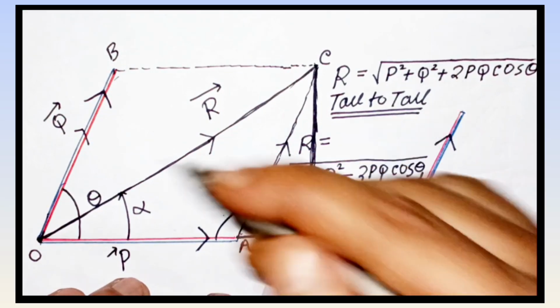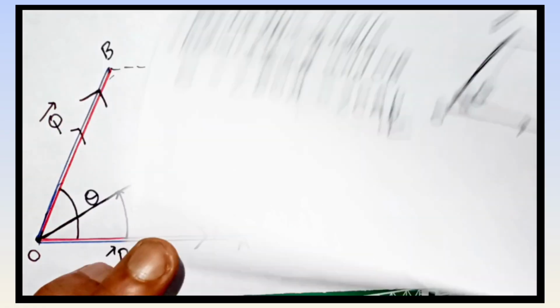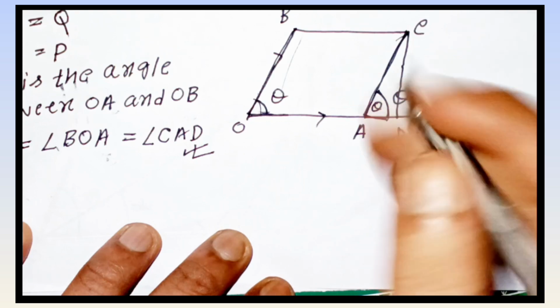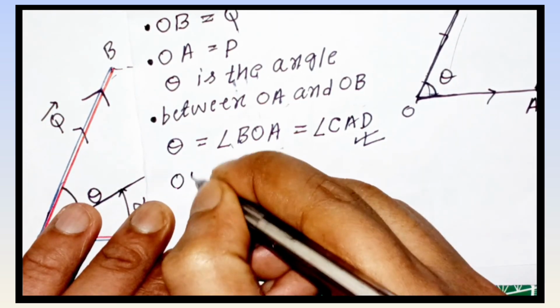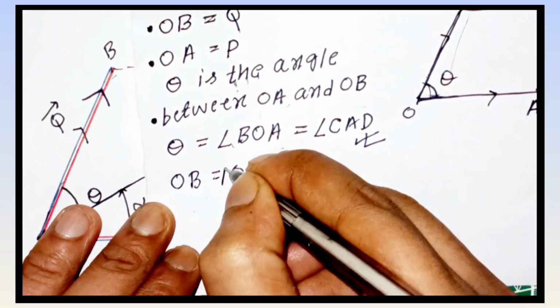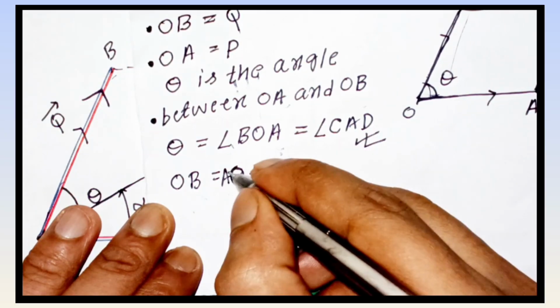Well, did you know that the lengths of the two opposite sides of a parallelogram are equal? Yes or no? Just comment yes or no. The diagram says that the length of OB is Q. Then obviously the length of AC is 100% Q, because they are opposite sides of the same parallelogram.